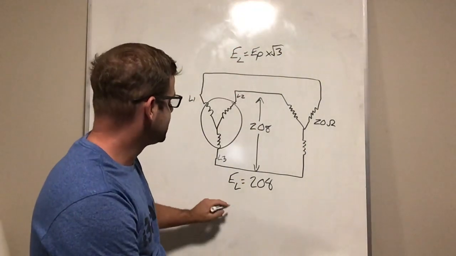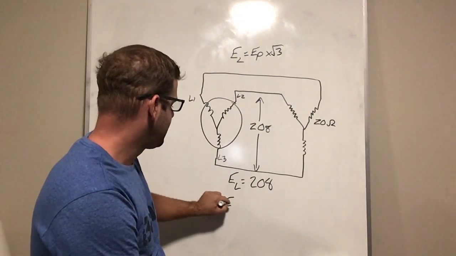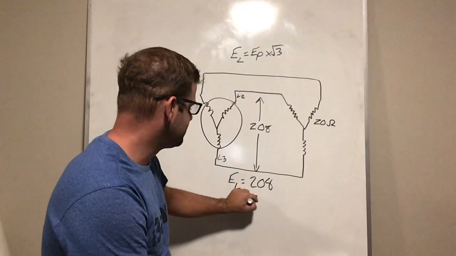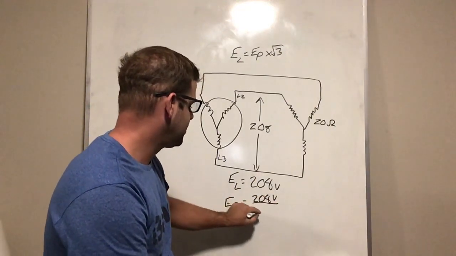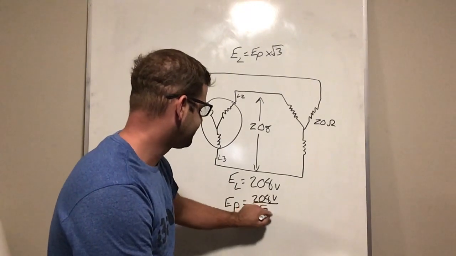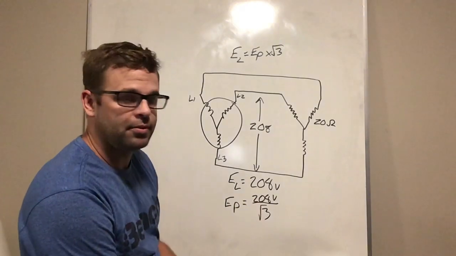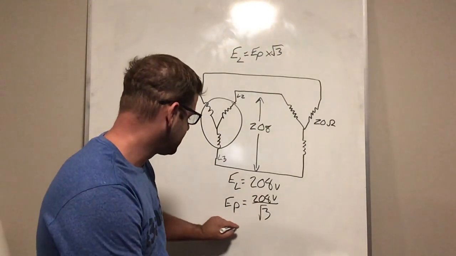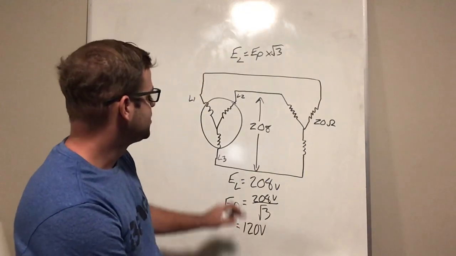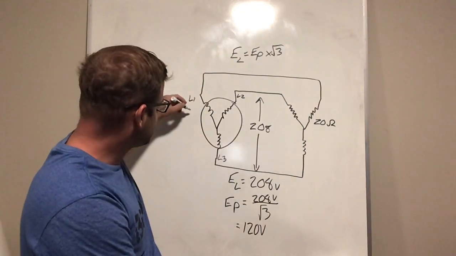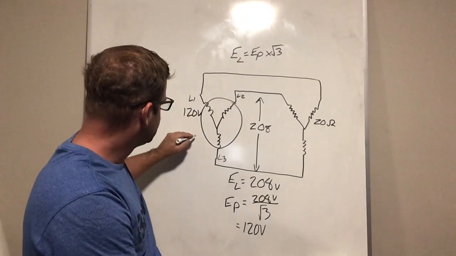So if we go to do this the other way around, we have E phase is equal to 208 volts divided by root 3. So if we do 208 volts divided by root 3, we get an answer of 120 volts. So that means that at our power supply, we have 120 volts.